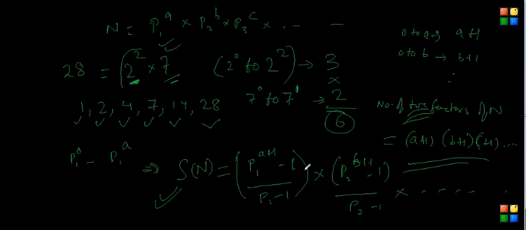Okay, so these two are the basic things: finding the number of positive factors of n and the sum of positive factors of n. Now let's retain this example of 28, which is 2 squared into 7.